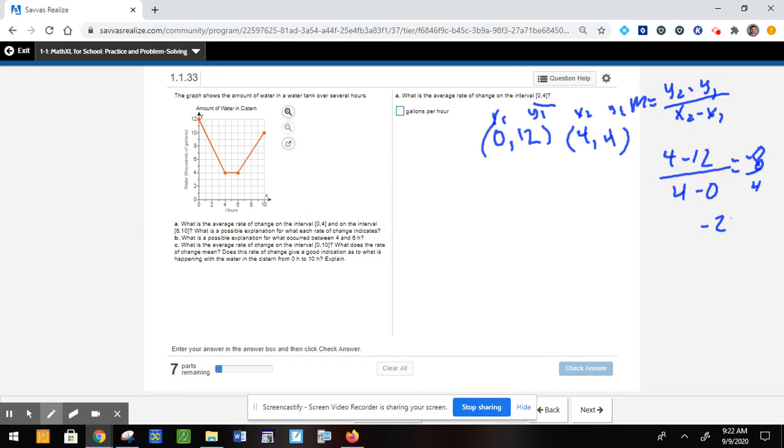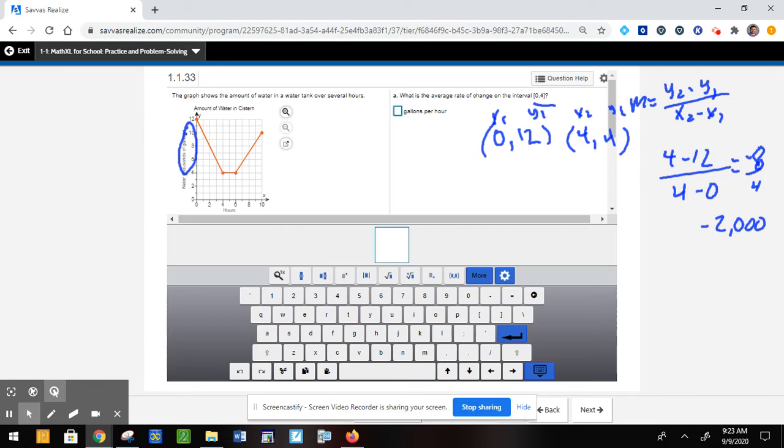Now, since 1 unit on the y scale is 1,000 gallons of water, negative 2 really means negative 2,000 gallons per hour. So essentially, the context is the cistern is draining 2,000 gallons per hour. The average rate of change would be negative 2,000.